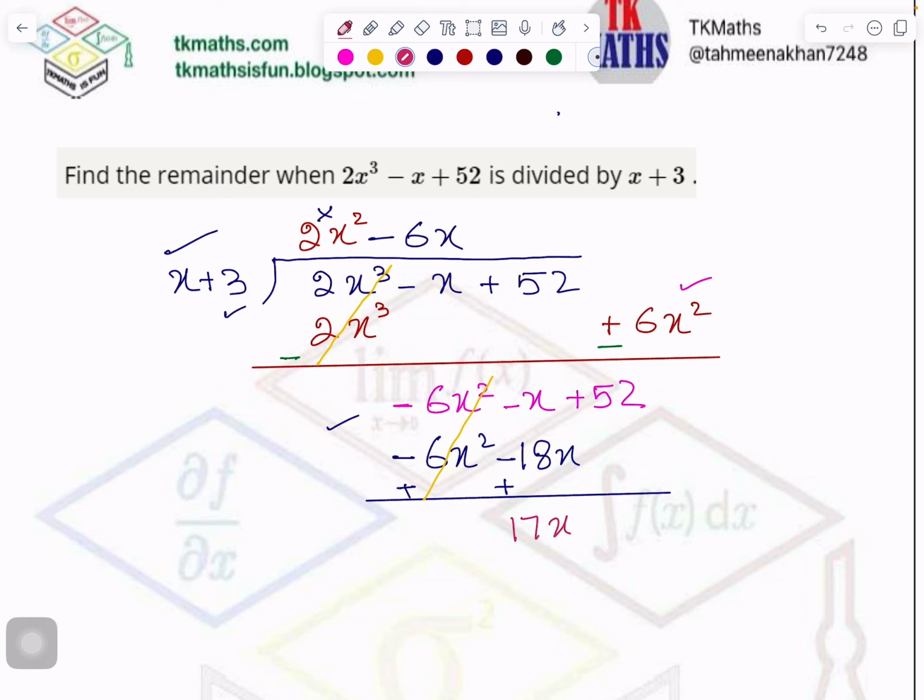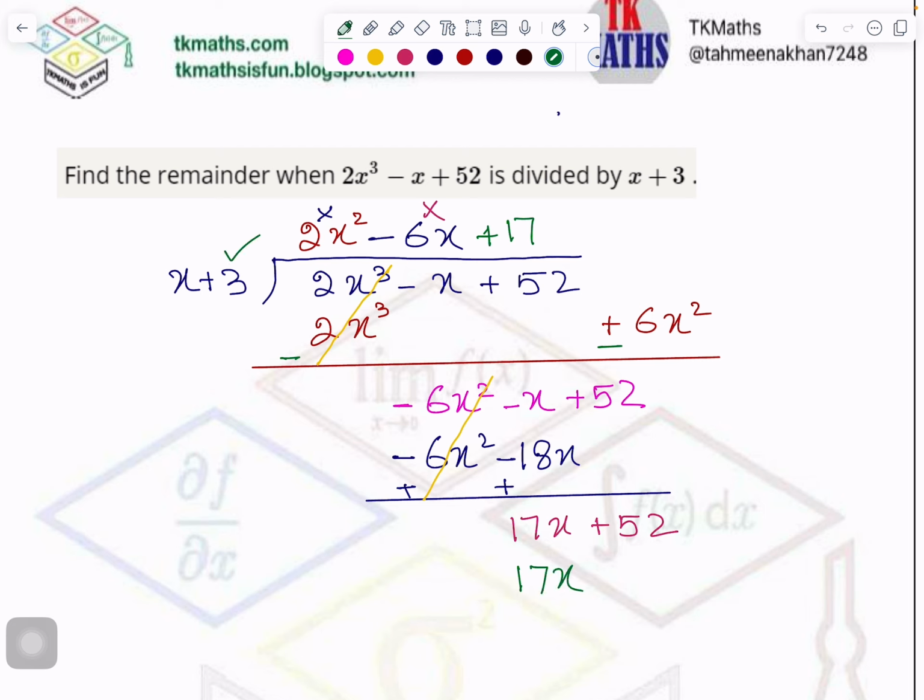17x, plus 52. Now I will multiply this x by something, forgetting about these two totally, so that I can get 17x. So x multiplied by what will it be? Tell me quickly. Absolutely right, it will be 17 straight away. So I will multiply x by 17. It will become 17x.